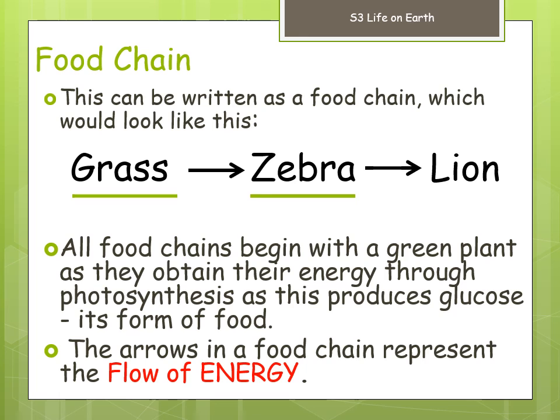And the arrows in a food chain represent the flow of energy. You could say a zebra eats the grass, so the arrow represents what eats what, but that would be incorrect. We want to talk about the flow of energy. So if you're ever asked what does the arrow represent, it represents the flow of energy. So I'd like you to write down this note for food chains.